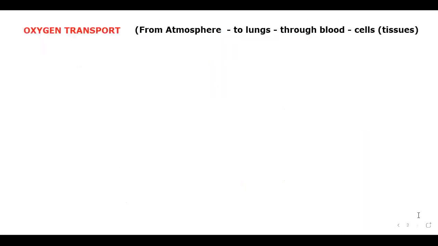We need oxygen. So first of all, let us see how oxygen is transported from the atmosphere to the lungs, and through the blood from the lungs to the cells. That we have to see first, and then we'll go for the topic.